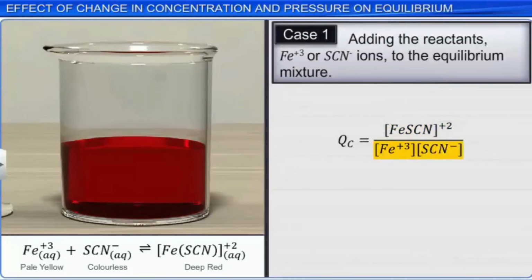On the addition of Fe+3 or SCN- ions to the equilibrium mixture, the denominator value in the expression for reaction quotient increases. This results in a decrease in the value of the reaction quotient. Now, the value of Qc becomes less than Kc.